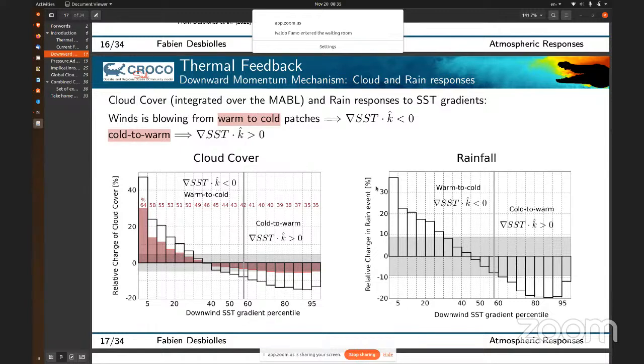So we have downward movement, and we have less chance to have a cloud and less chance to have rain. Here it's statistical, because the cloud is forming in the atmosphere and then it's pushed by the wind. It's really done statistically by mean. We cannot track all the clouds.